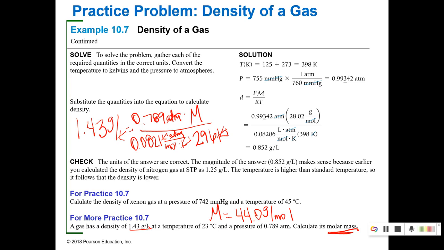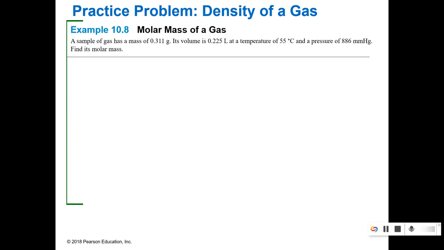So you could speculate. Some people would go to the periodic table, look for 44. Well, that's scandium. This is probably not scandium because it's a gas. So if I had to guess, remember carbon dioxide is 44, I would say this was carbon dioxide. Now in this specific question, it didn't ask us to do that, but sometimes it does.